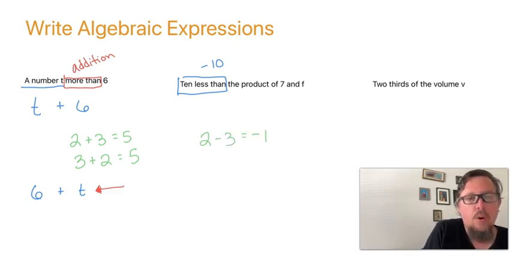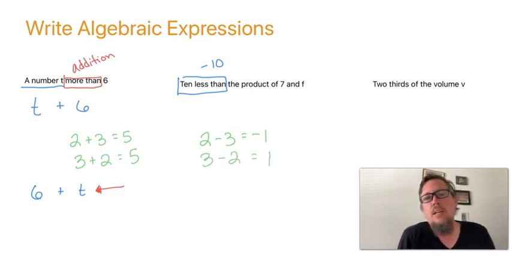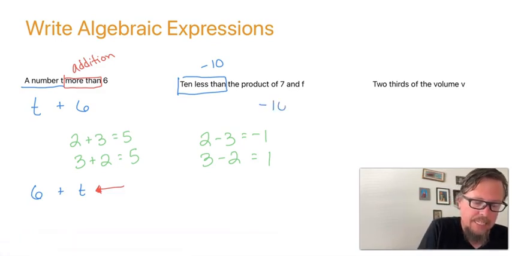The answer is -1. But if I switch the order, 3 minus 2, the answer is now +1. In subtraction, the order matters. So when we say 10 less than, we cannot do 10 minus. It has to be -10. Okay, so we're going to end with -10.